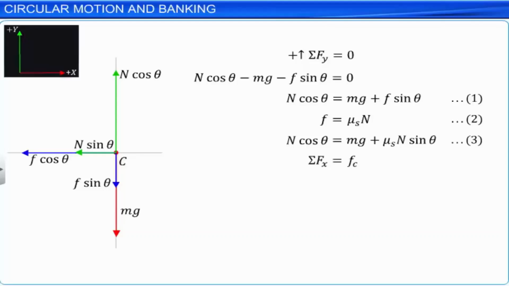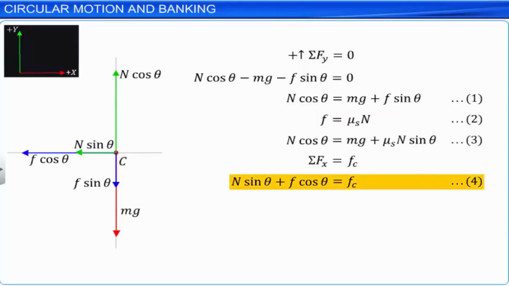This gives us equation 4 as N sin theta plus F cos theta equals Fc. Substituting equation 2 in equation 4 and solving, we get equation 5 as N sin theta plus mu s N cos theta equals Fc.